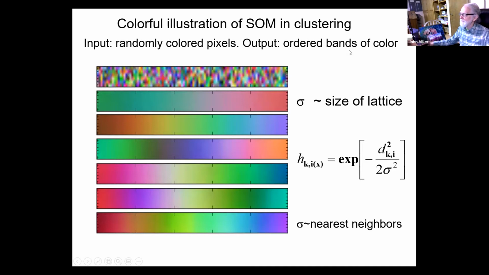So going back to my favorite representation of SOM clustering, up here at the first iteration on determining prototypes, the size of the neighborhood is just about the same size as the lattice. So if the lattice contains 100 nodes, then we're talking about having 100 nodes that are potentially cooperative. And at that level, there's not really very much distinction in the color bands.